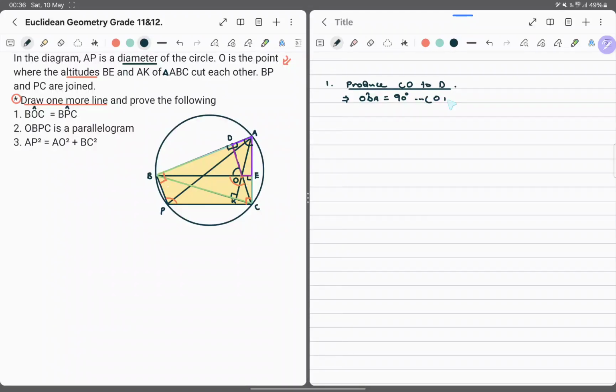We can say O is the orthocenter, right, because this is the point of concurrency of the altitudes of a triangle. Maybe let's be clear here. This is the orthocenter of triangle ABC.